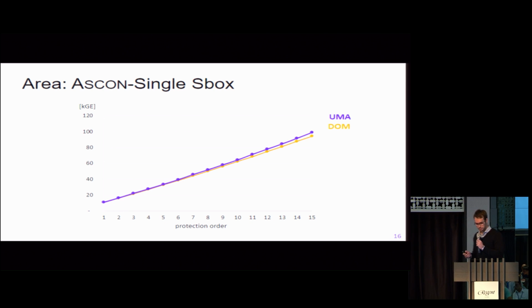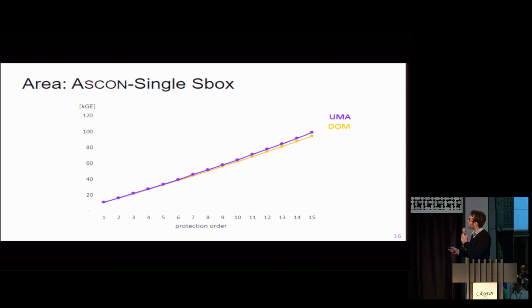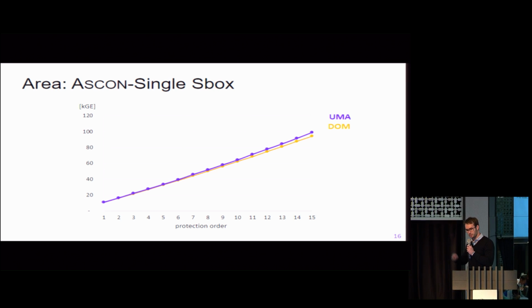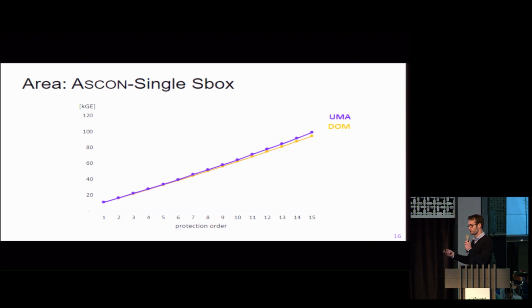This brings me already to the first comparison. In terms of area, for the single S-box variant, which uses only one S-box at a time, UMA and DOM are considerably close together, which is a bit surprising at first. But given the fact that UMA uses less randomness, almost half the randomness of DOM, it saves a lot of XORs.